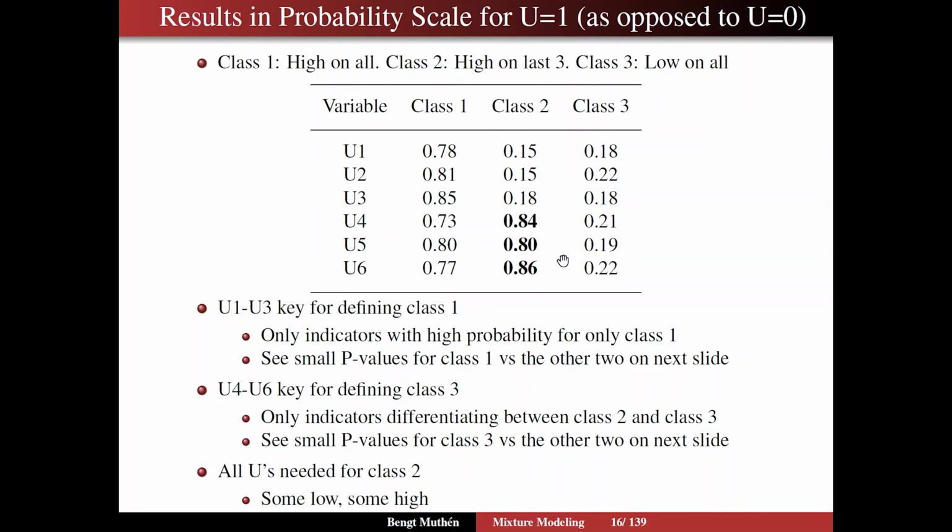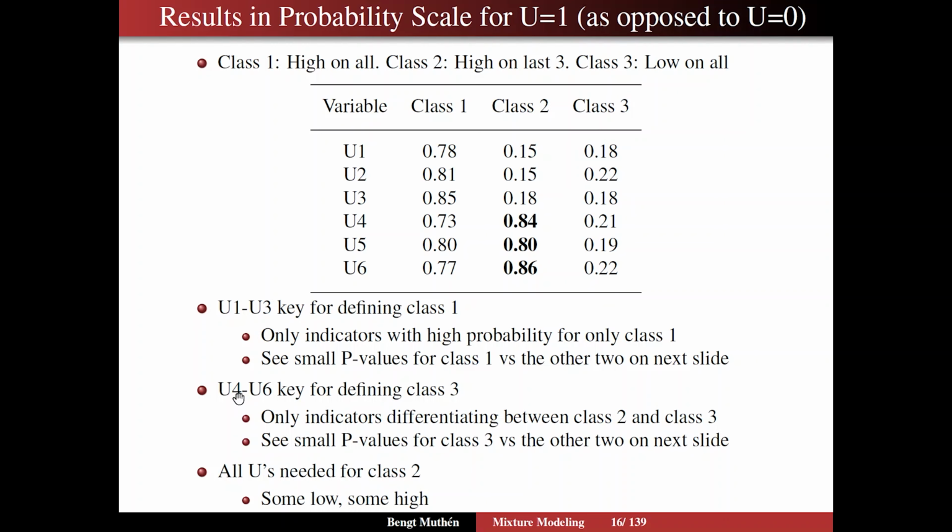What do I mean by that? Well, those last 3 indicators are the only ones differentiating between class 2 and class 3. The first 3 items don't differentiate between class 2 and class 3. They have low probabilities for both classes. But the last 3 indicators are high only for class 2 and low for class 3.